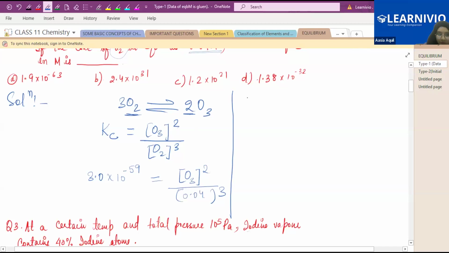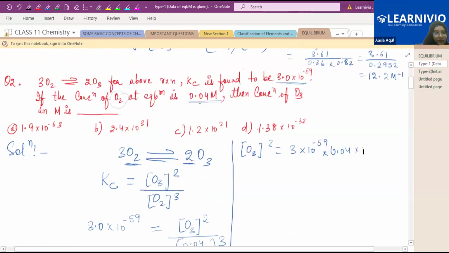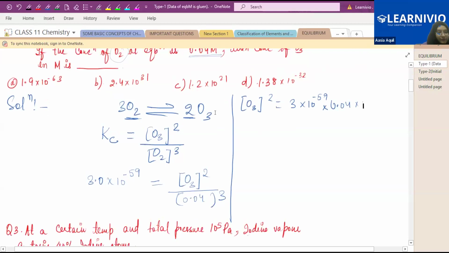O3 raised to the power 2 will become 3 into 10 raised to the power minus 59 multiplied by 0.04 into... Just multiply it. Just solve this question and let me know the answer.